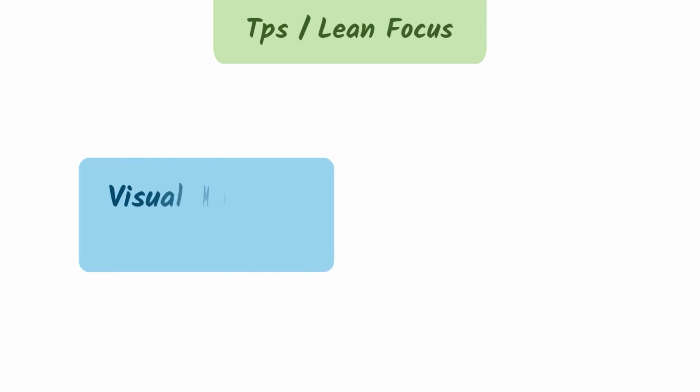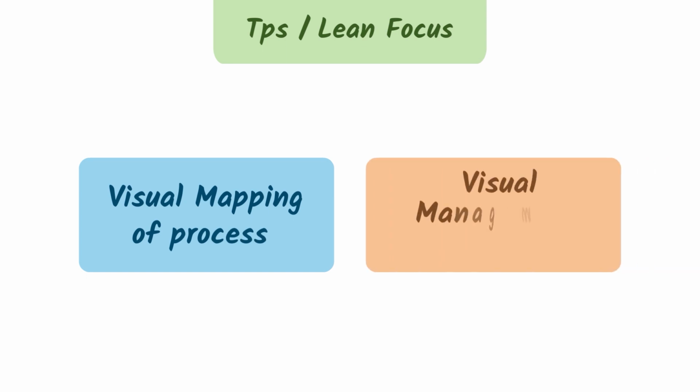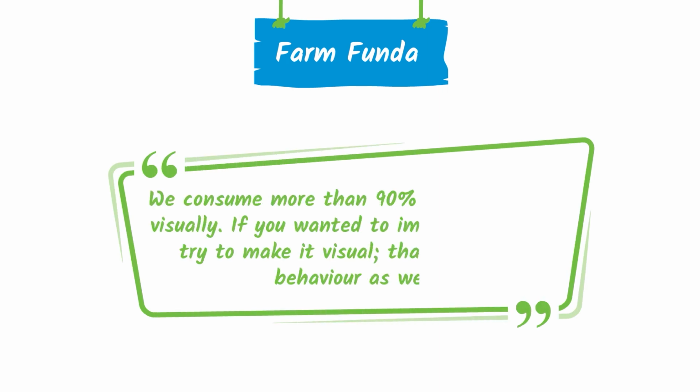Toyota Production System or Lean, they stress heavily on visual management of processes. It includes mapping of processes visually and managing of processes visually. This helps us a great deal to understand the reality of the process.